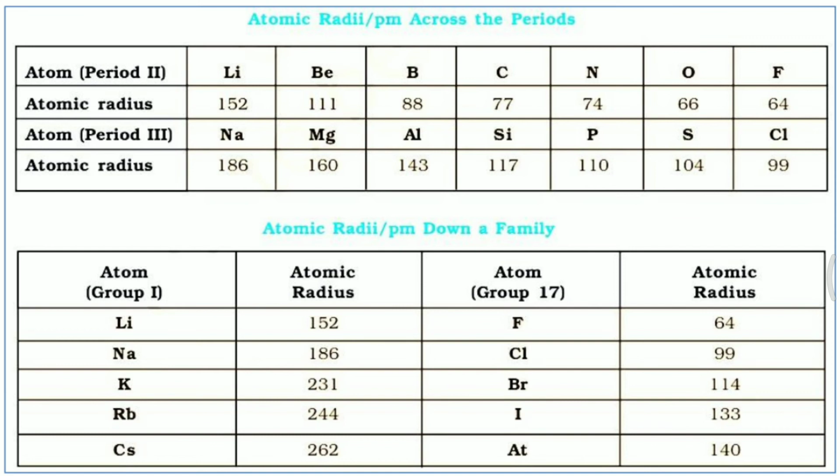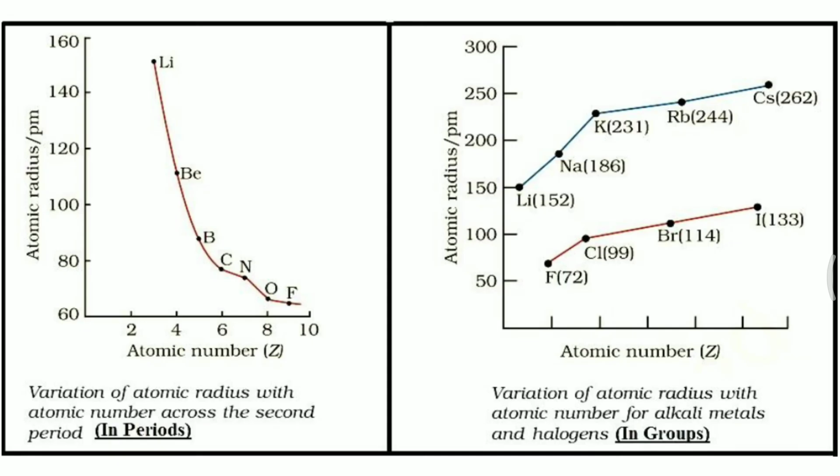So this is the trend followed by the atoms, and you can also see it in the form of graphs. On the left-hand side is the graph between atomic radius and atomic number for the second period: lithium, beryllium, boron, carbon, nitrogen, continuously decreasing from left to right.